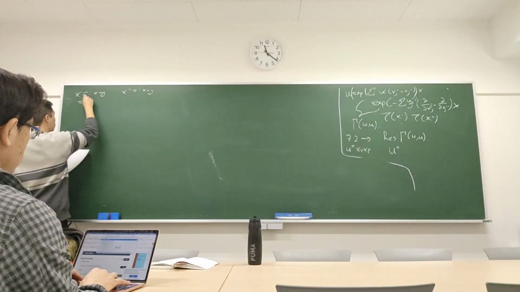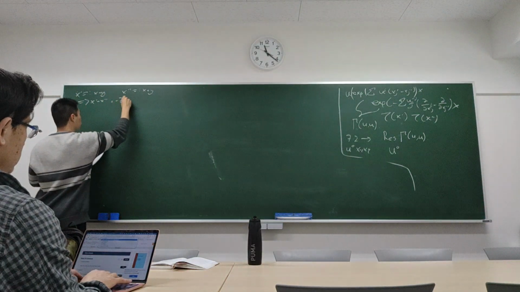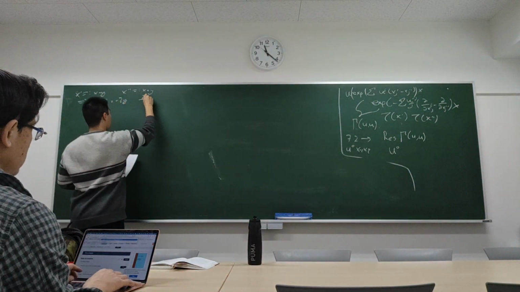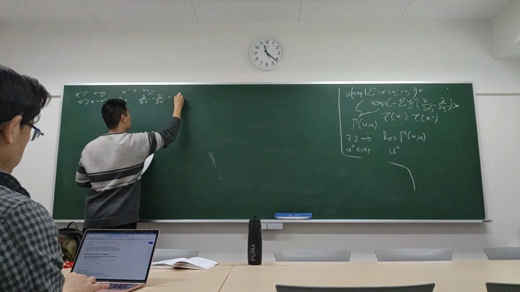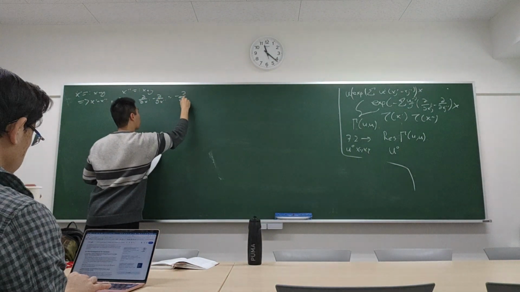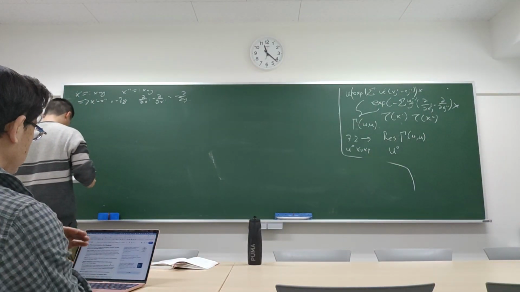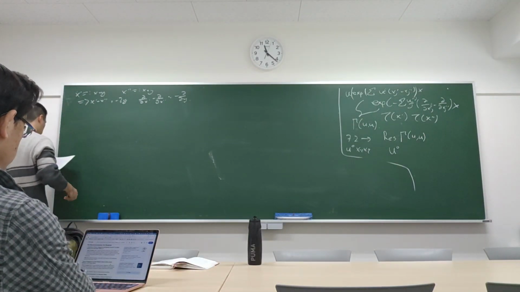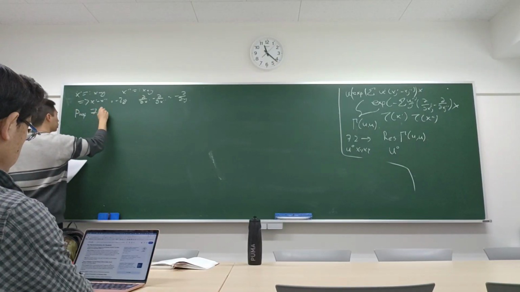And so this means that x prime minus x double prime is minus 2y, and del over del x. So here we have a proposition 7.